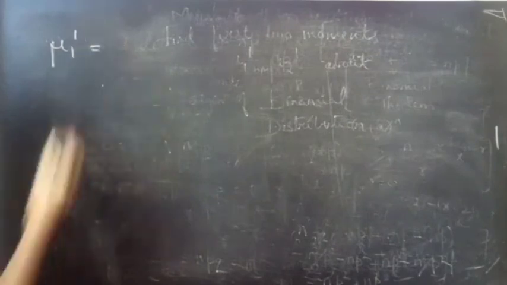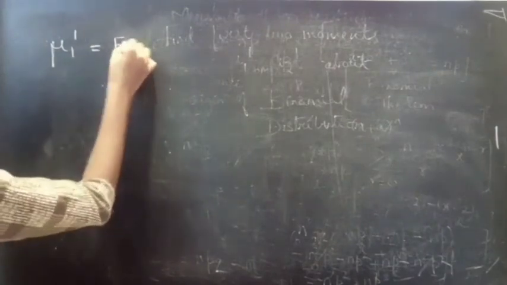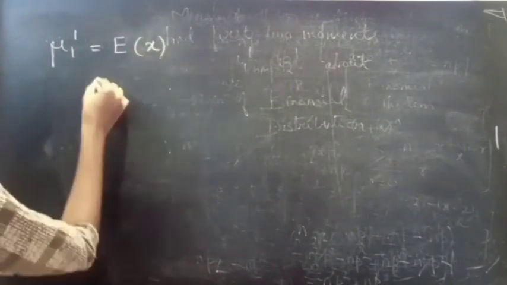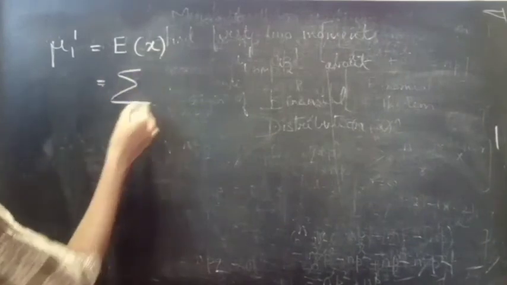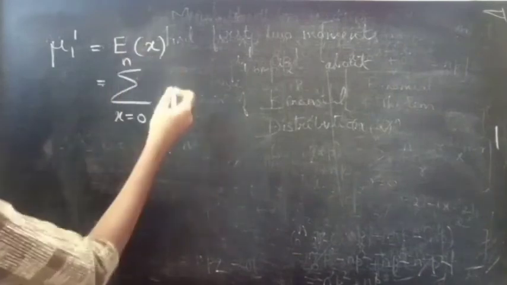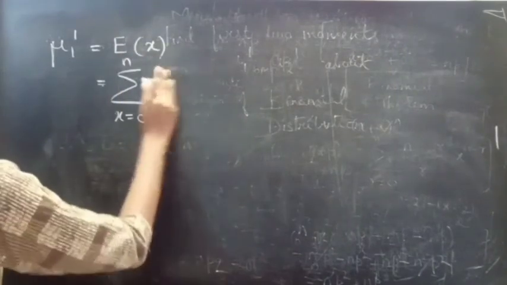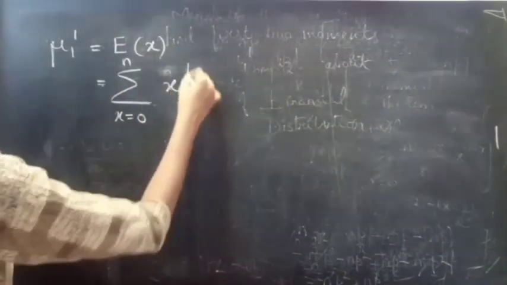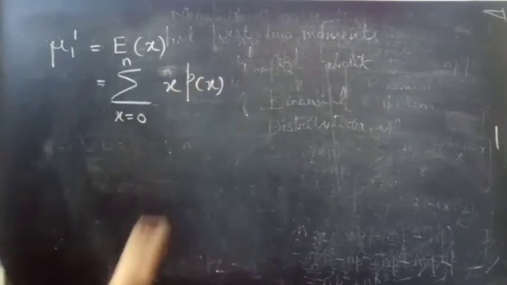First moment, mu1 dash equals the expectation of x. So expectation of x can be written as summation x equals 0 to n of x into p of x.